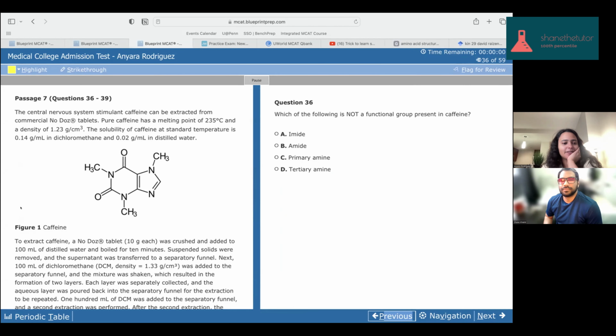The central nervous system stimulant caffeine can be extracted from commercial no-dose tablets. Pure caffeine has a melting point of 235 and a density of 1.23. The solubility of caffeine at standard temperature is 0.14 in dichloromethane and 0.02 in water.